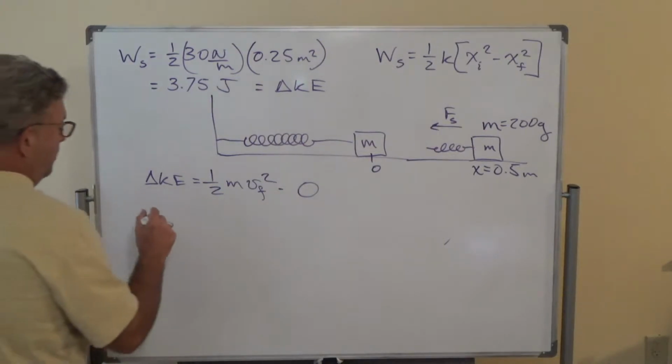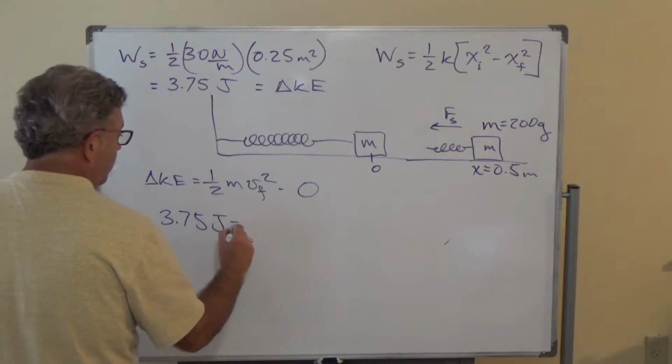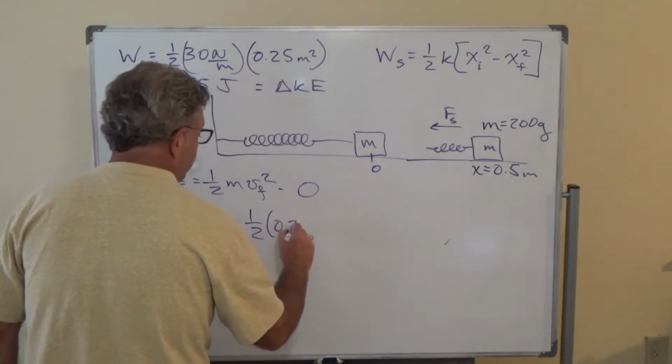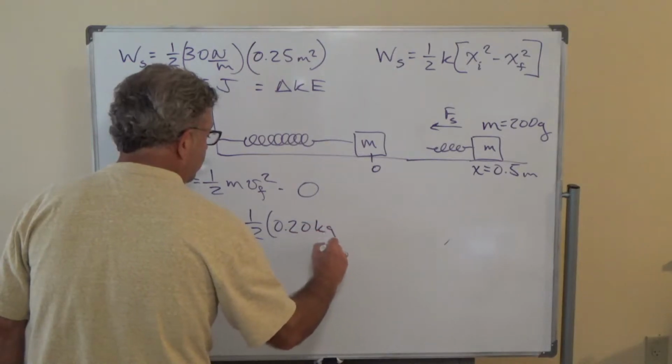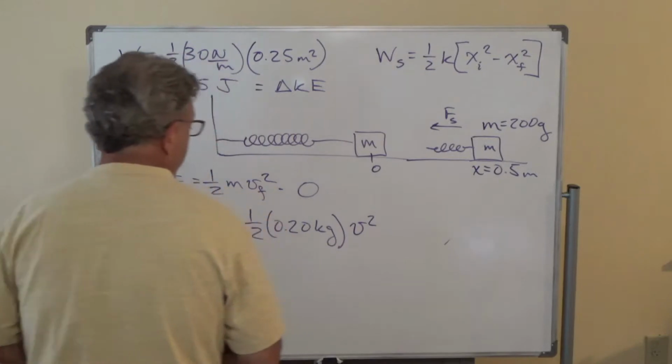So we get 3.75 joules is equal to 1/2 times 0.20 kilograms times v squared.